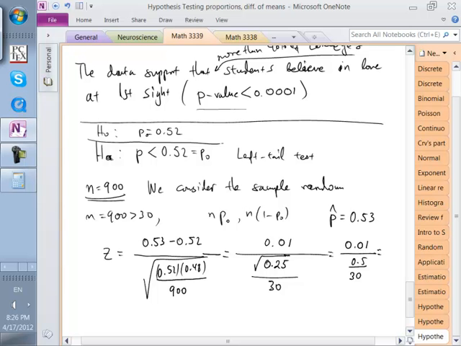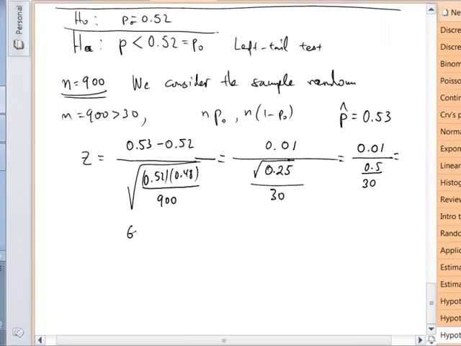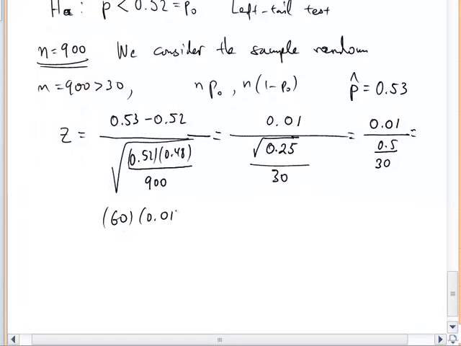So we have 60 times 0.01, and of course that gives us 0.6.